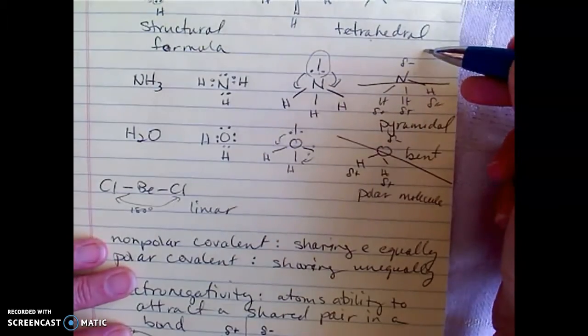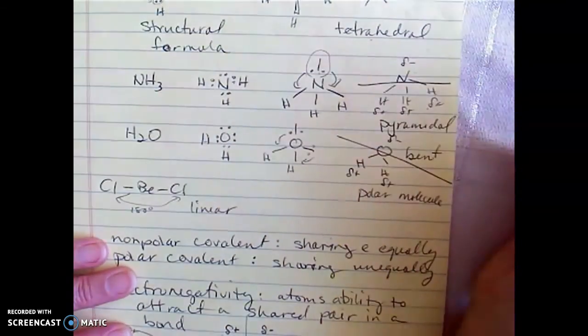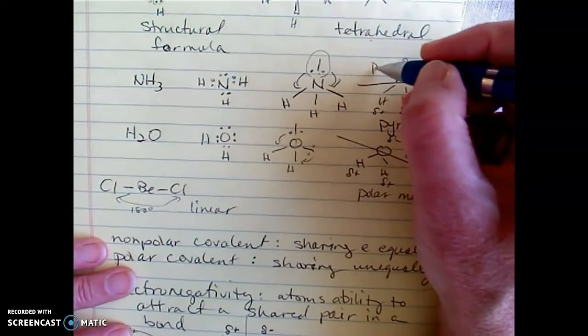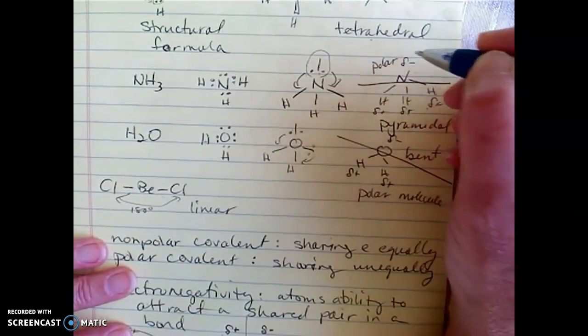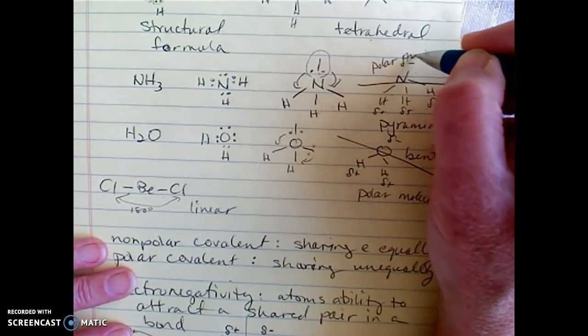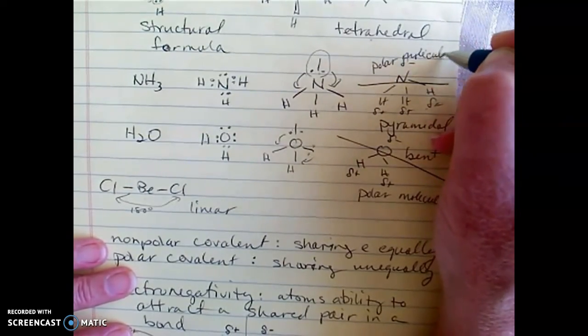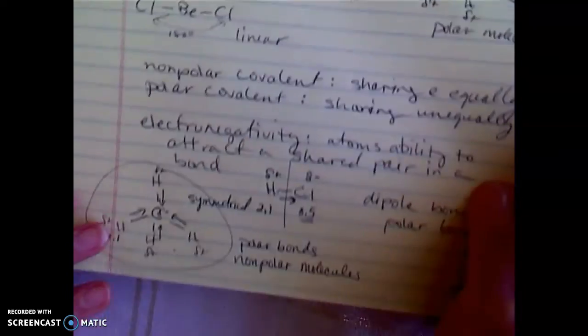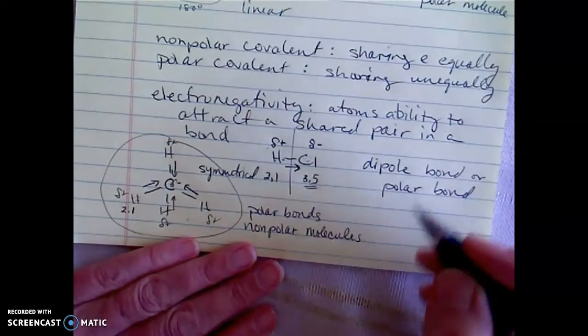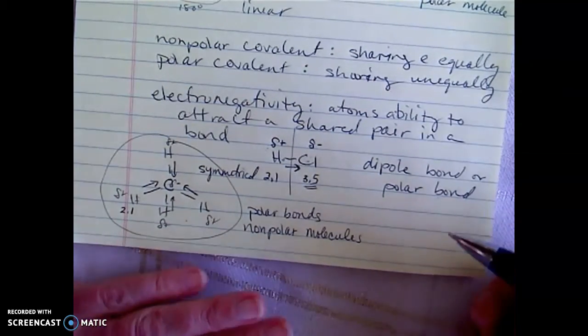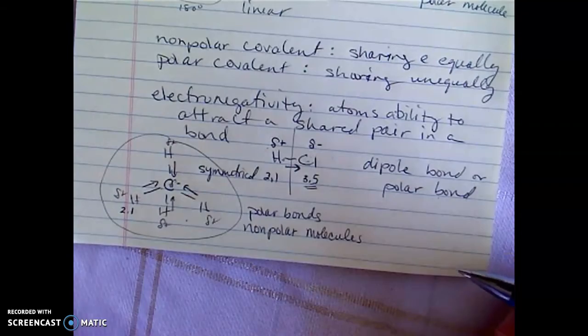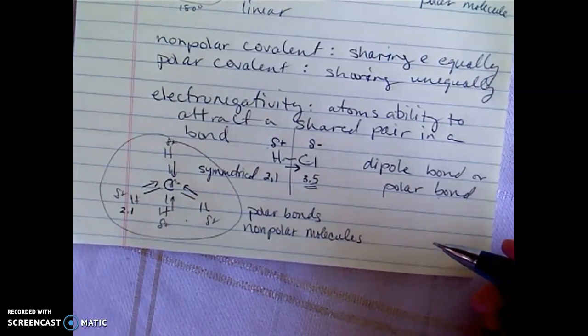I have a negative on top and a negative on bottom, which again gives me a polar molecule. So shape plays a big part in the polarity of a molecule. Okay. So to get a polar molecule, you have to have both a polar bond and a shape that will allow you to separate those charges.